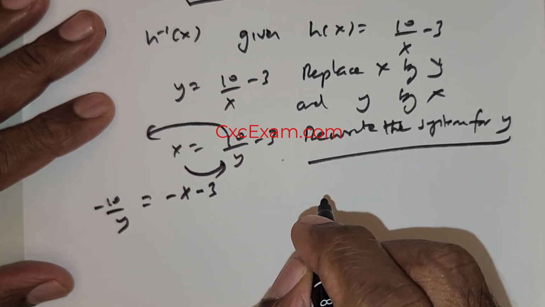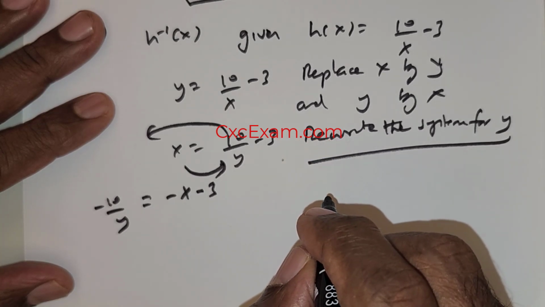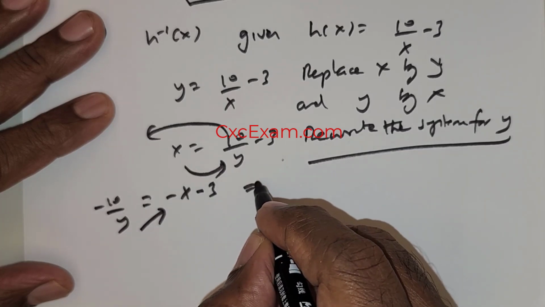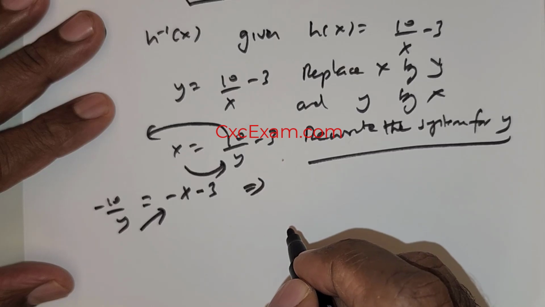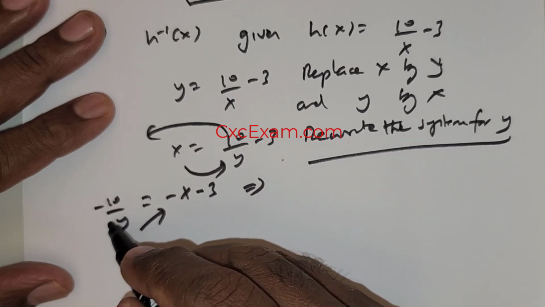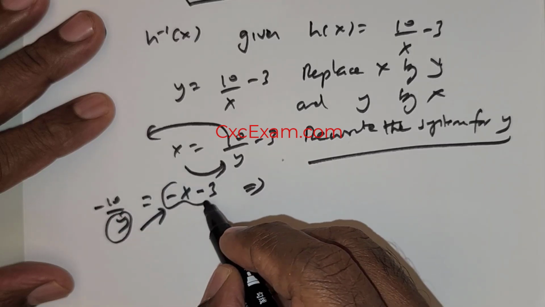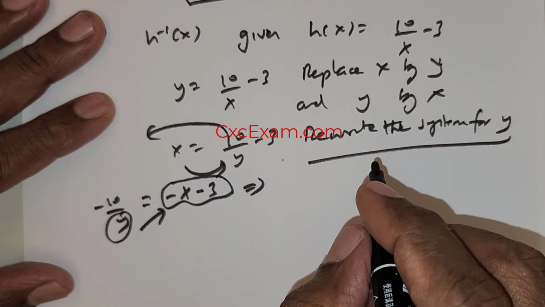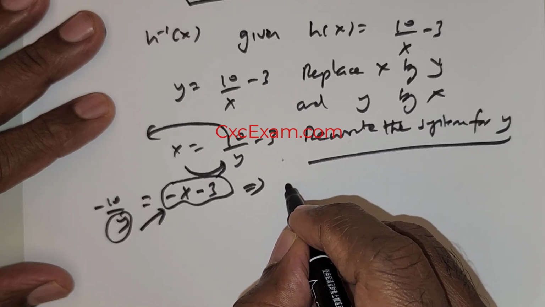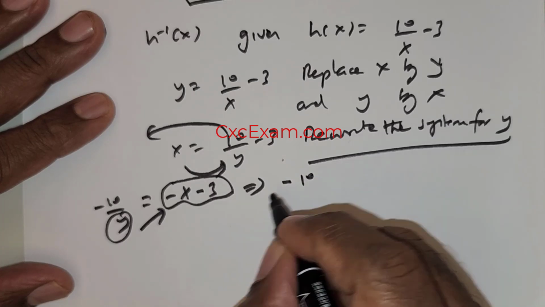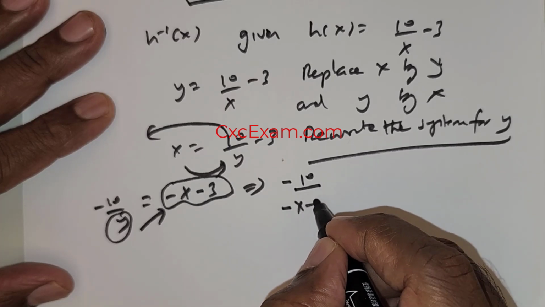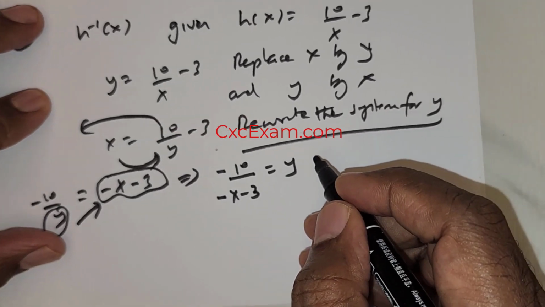Now I would have to change the positions of this component versus this component. So that would mean negative 10 divided by negative x negative 3 is equal to y.